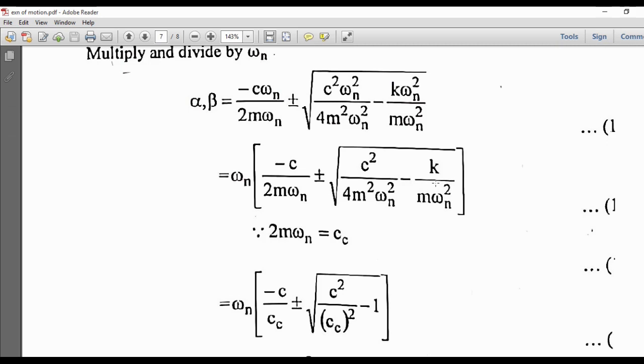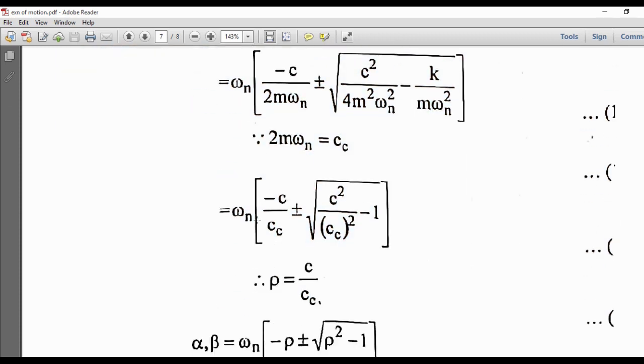And I can write k by m as omega n square, since root of k by m is omega n. So I have omega n square by omega n square, so this term becomes 1. So that's how we got omega n into minus c by cc plus or minus root of c square by cc square minus 1.